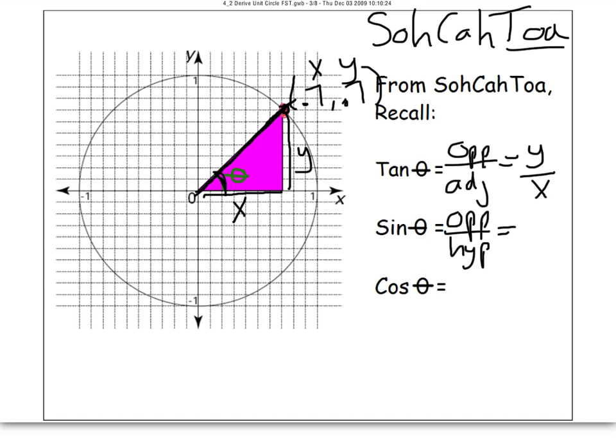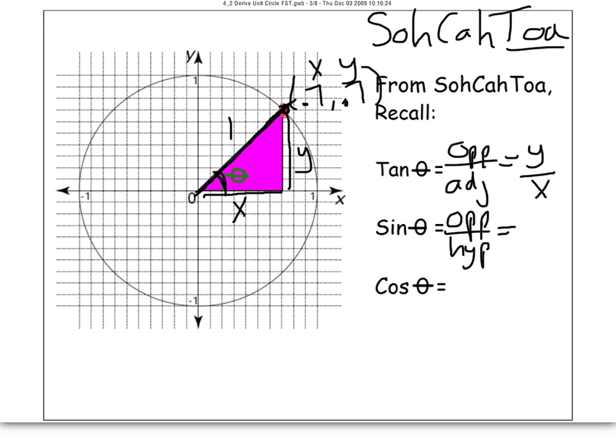So in this case, the opposite side on this angle is the y. And then the hypotenuse is right here. Well, we actually know what the hypotenuse is on this triangle. Keep in mind, it's embedded in a unit circle that has a radius of 1. Well, if this radius is 1, so is this. So the length of our hypotenuse is 1.